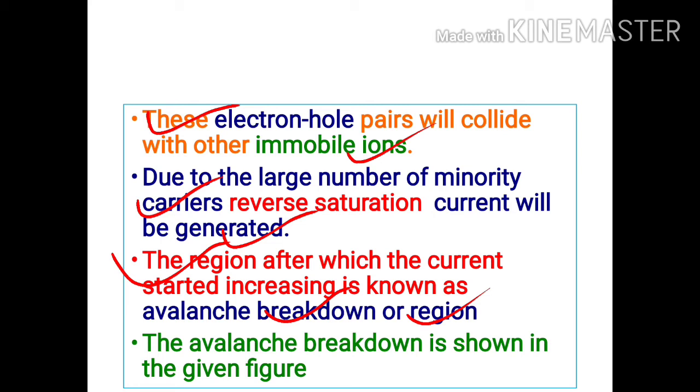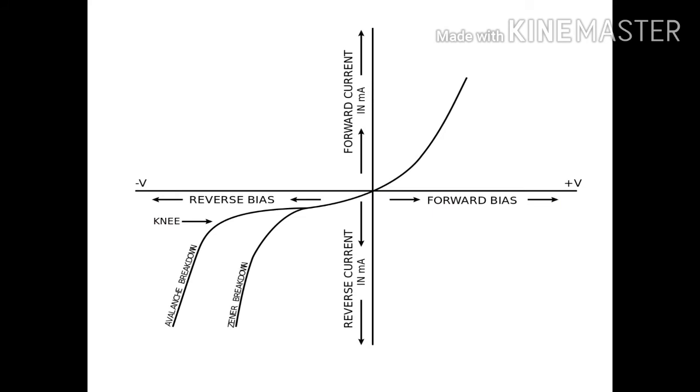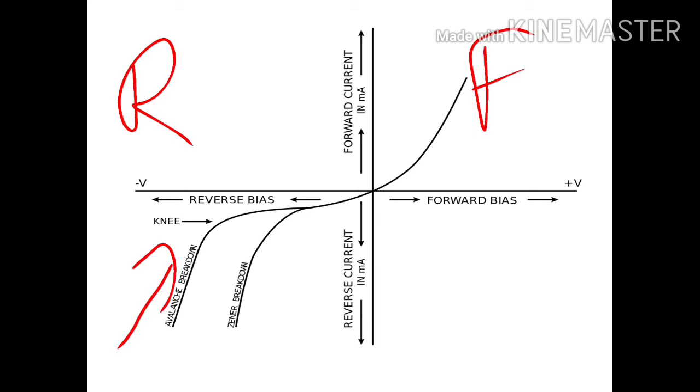So the avalanche breakdown is shown in the given figure. You can see this is the VI characteristic of the Zener diode, and in this you can see this is our reverse bias, this is forward bias. Forward bias is like a normal diode. So you can see from this figure this is our avalanche breakdown, and the Zener breakdown is going to occur earlier than the avalanche breakdown.